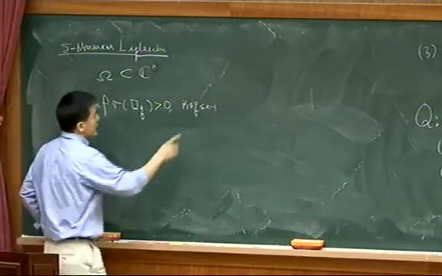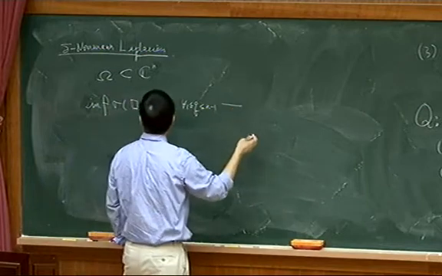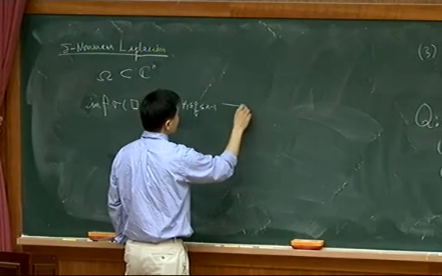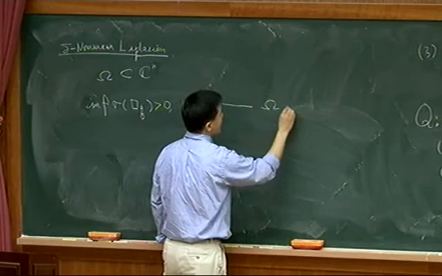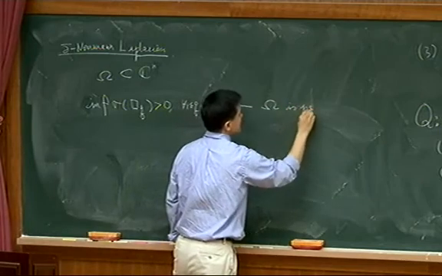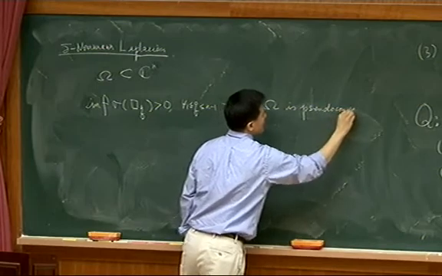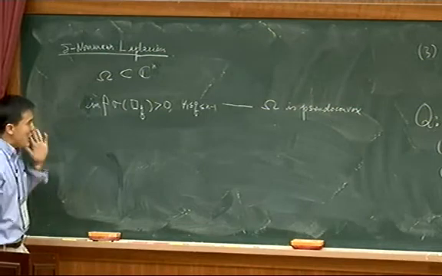So now this is equivalent to omega is pseudo-convex. So this is nothing new.